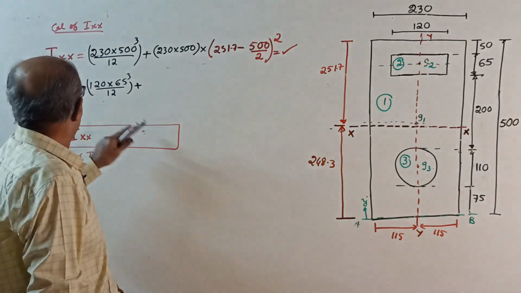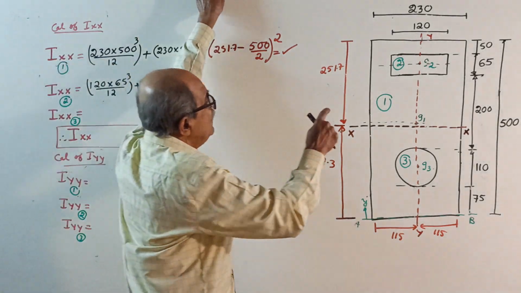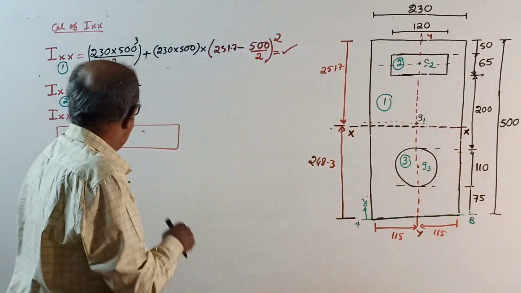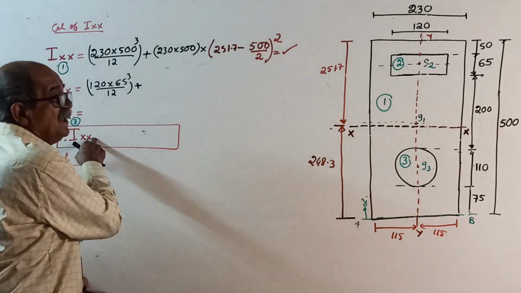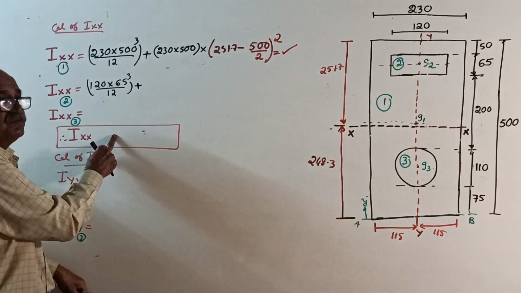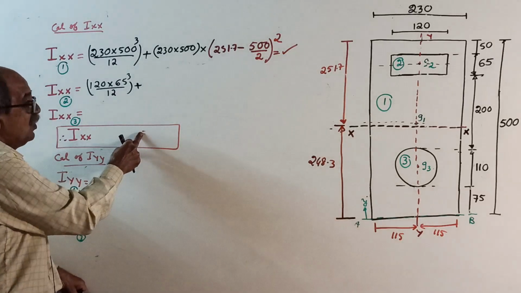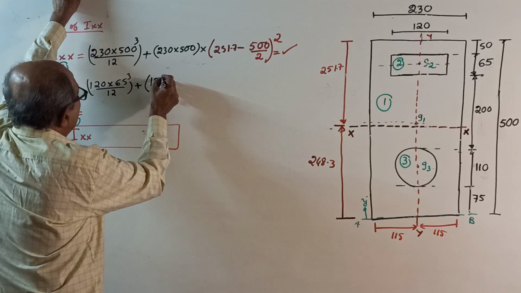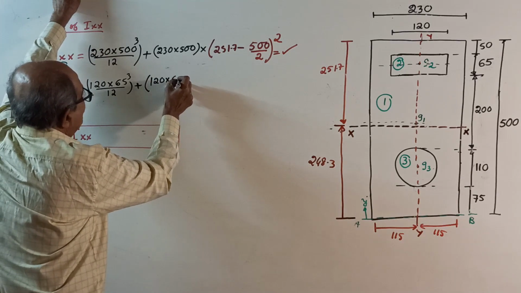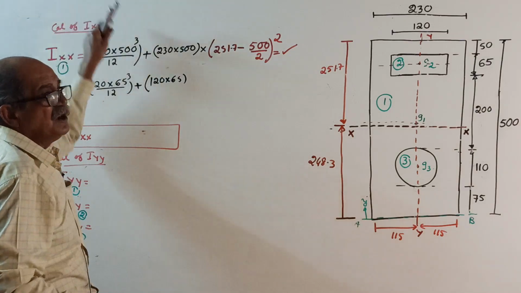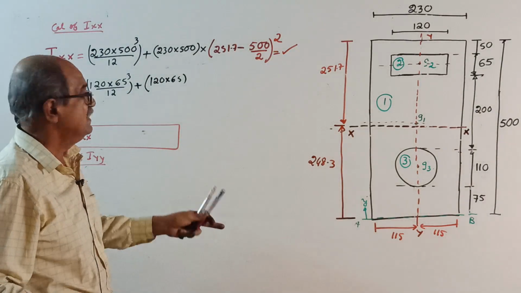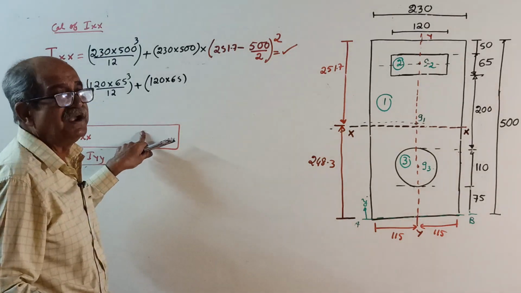No, when you find Ixx power 2, you find I about xx of this rectangle. See, the removed part, we are accounting for it here. Final Ixx equals Ixx power 1 minus Ixx power 2, oh yes sir, got it. Then plus area. Sometimes there is confusion: when you do moment of inertia, don't think it's a removed part. You do as if it's an existing part. But when you do the final answer, remove it.